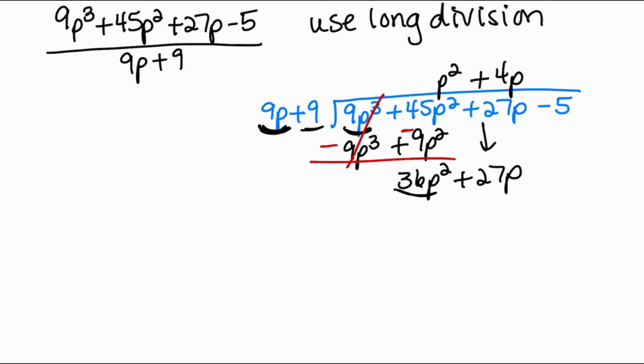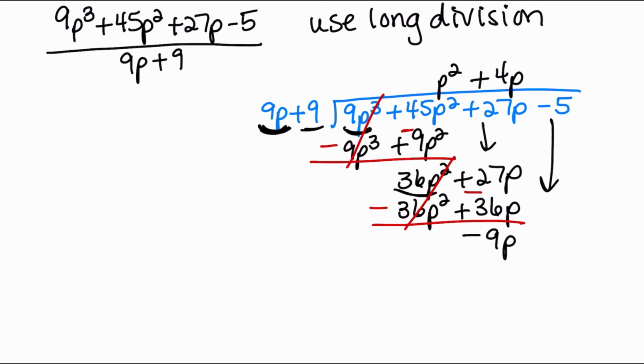So then 4p times 9p is 36p squared. 4p times 9 is positive 36p. Draw a line, change the signs, cancel. 27 minus 36 is negative 9p. Bring down the negative 5.